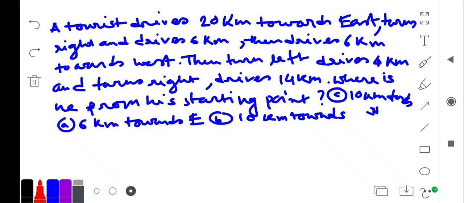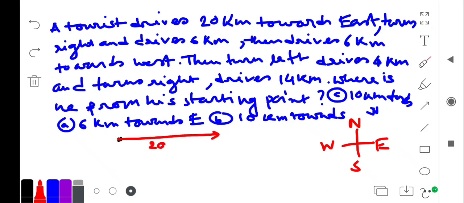a tourist drives 20 kilometers towards east. Okay, there must be north, south, east, west. Suppose a tourist is there, and in that place he go 20 kilometers east. Okay, 20 kilometers east, this means this direction, that is 20 kilometers.